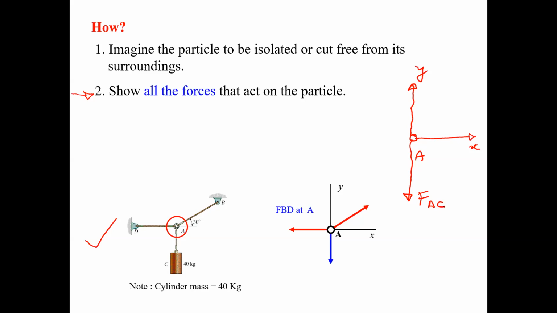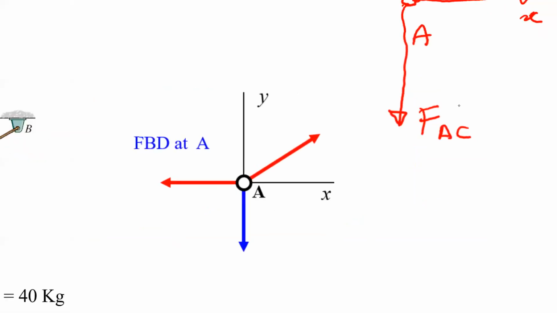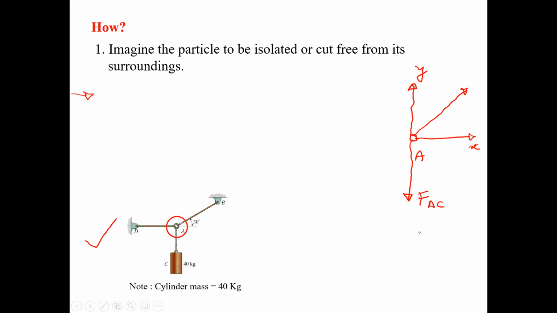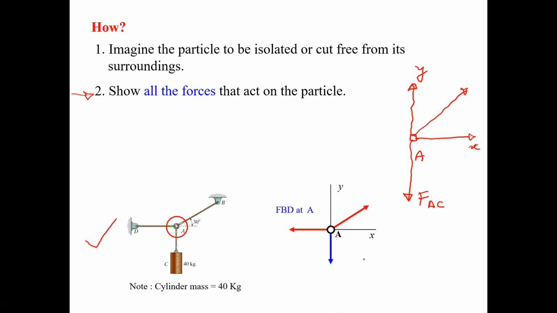Now we have a cable AB at an angle of 30 degrees. So let's draw that. Let's say this is your cable AB, this is your FAB, right? Okay. Now we have another cable AD.